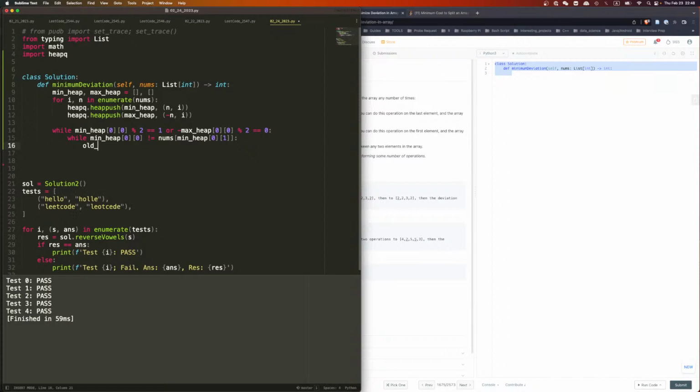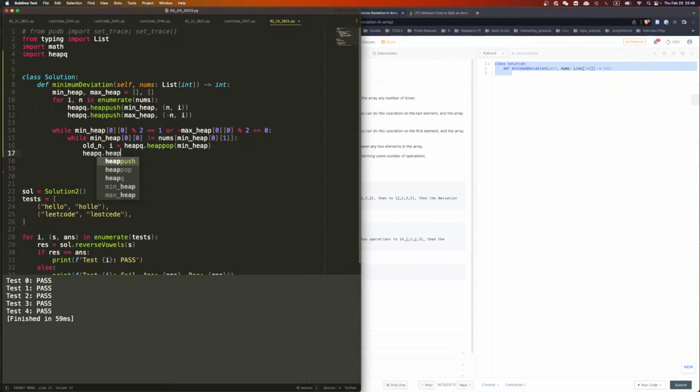old n, i equals heapq.heappop(min_heap), right? And then heapq.heappush(min_heap, nums[i]), push it back in.